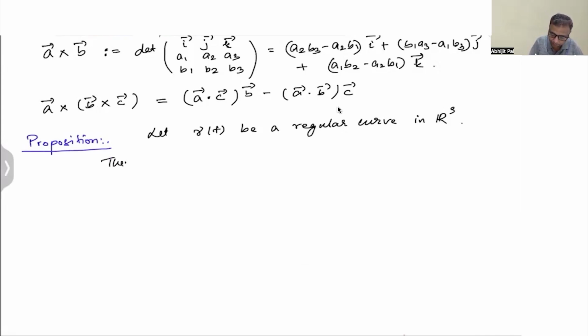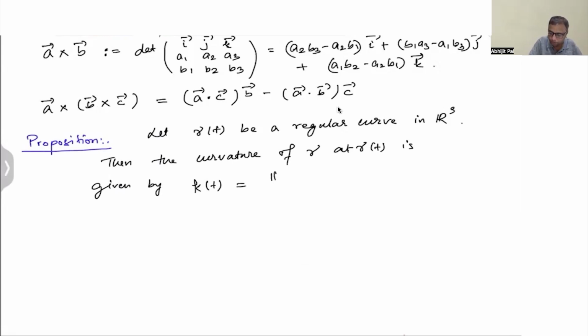Then the curvature of gamma at gamma(t) is given by k(t) equal to the norm of gamma double prime(t) cross product with gamma prime(t).